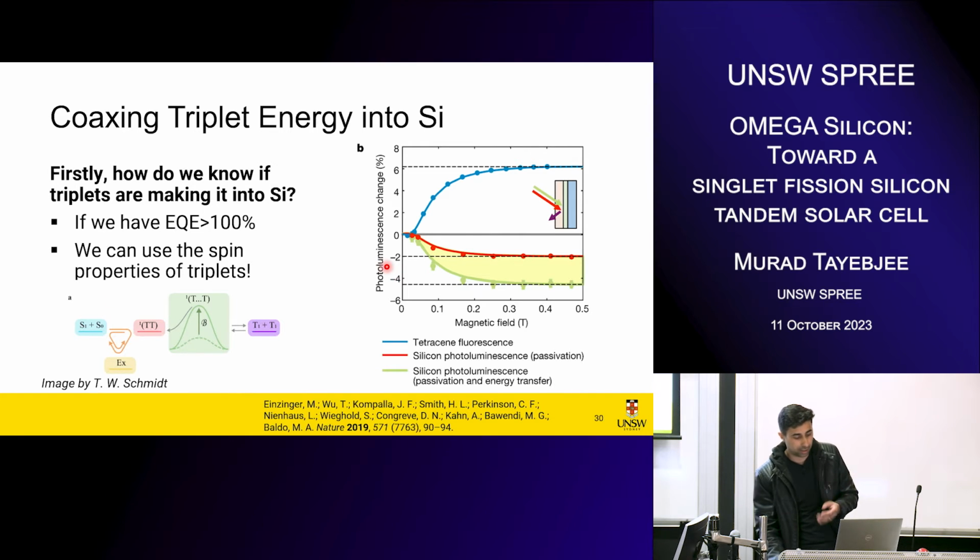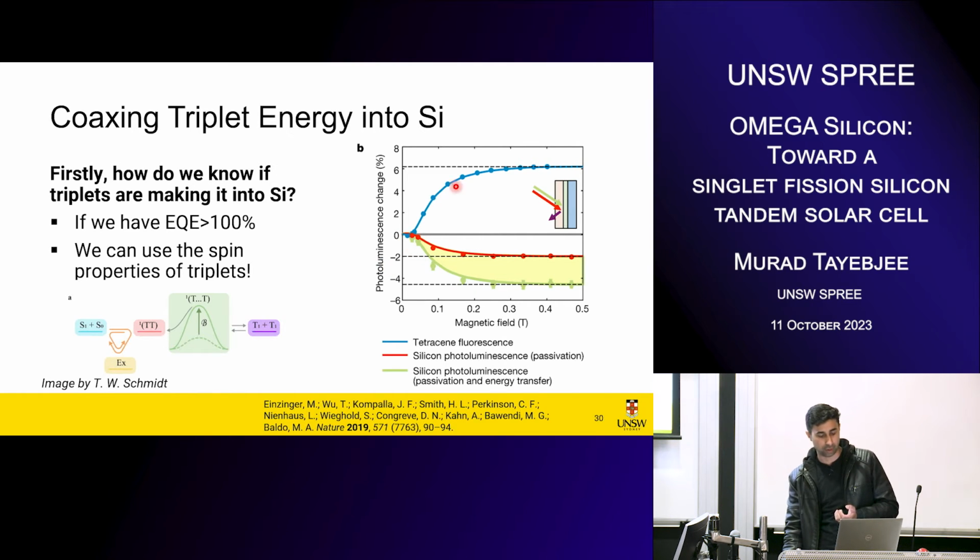Now the way the Baldo group at MIT used this is they showed that the tetracene fluorescence increases with field. There's nothing amazing about that. That's been known since the 60s. But the silicon photoluminescence was actually decreasing with field in exactly the opposite orientation, right? Following exactly the same sorts of trends. And that's because the silicon photoluminescence depended on triplets getting into the silicon, right?